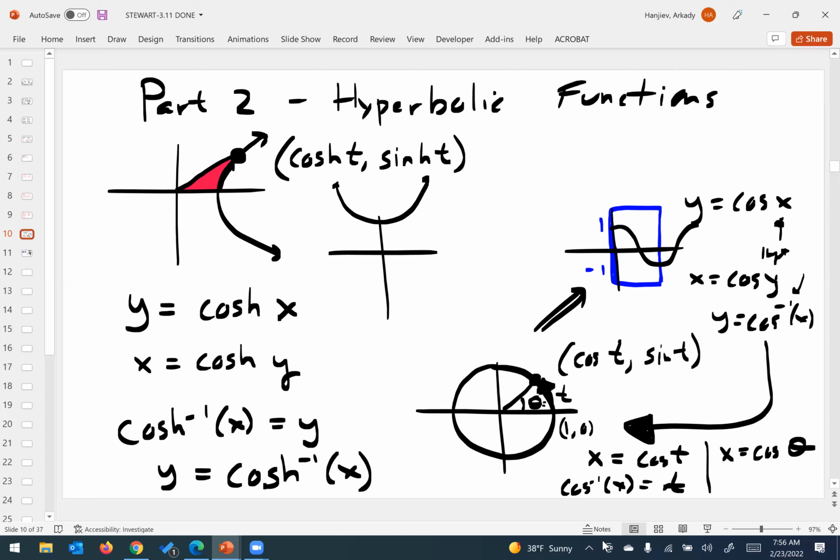If I take the inverse function, would I say this? I'm going to say cosine inverse of x becomes theta. So notice along a unit circle in trigonometry class, what we're doing with the inverse function is to go back to the angle measurement. We're going back to angle measurement, or we're going back to our radian measurement around the unit circle value. Okay, are we cool like that?